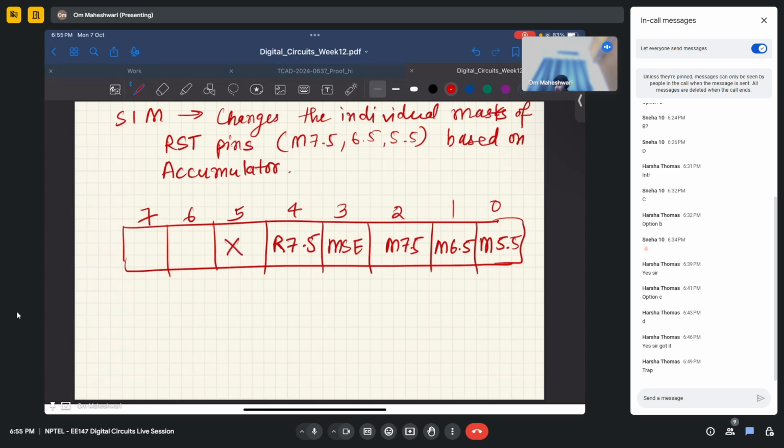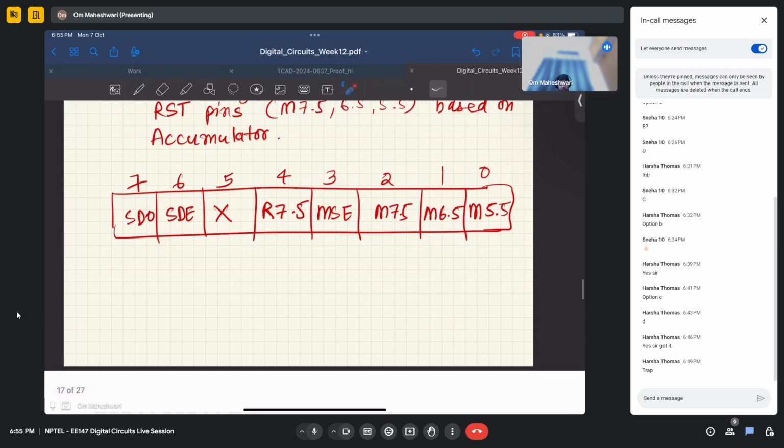This is not used. This is SDE and SDO. So let's see one by one. In all these first three, if it is 0, that means it is unmasked, or that interrupt is available. If it is 1, that means it is masked. Interrupt is masked, means interrupt can be ignored.